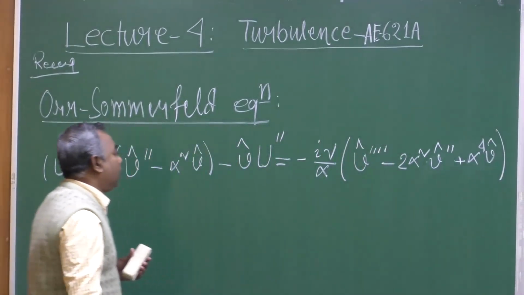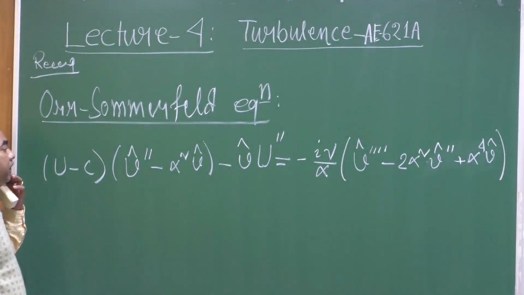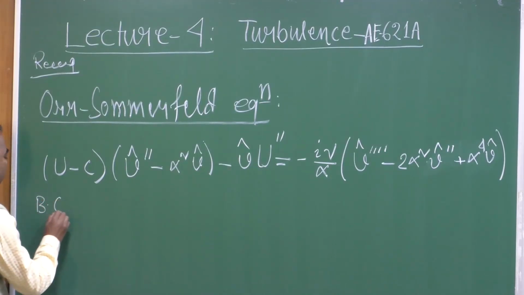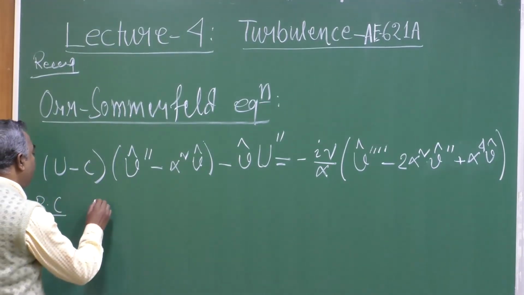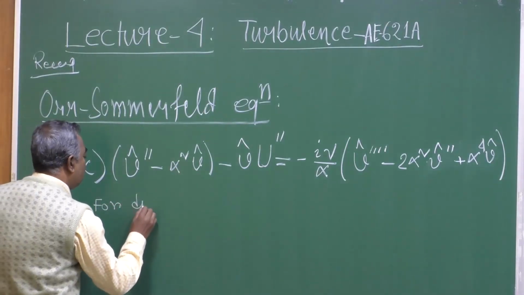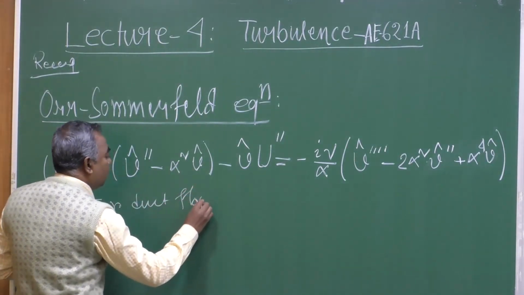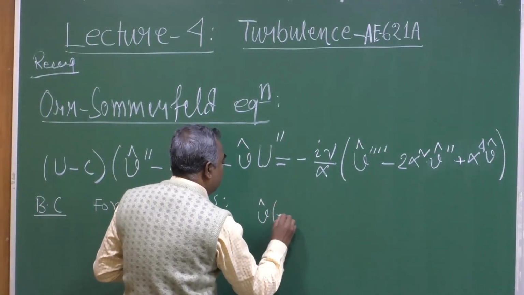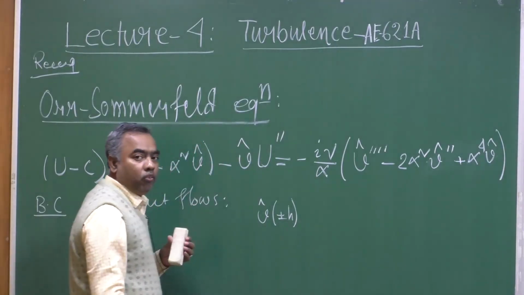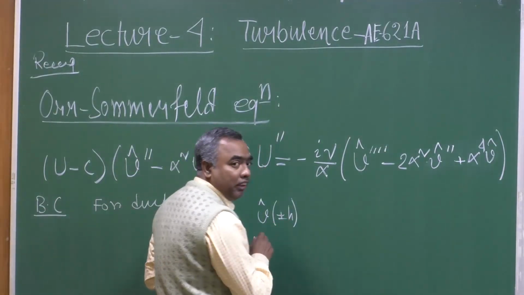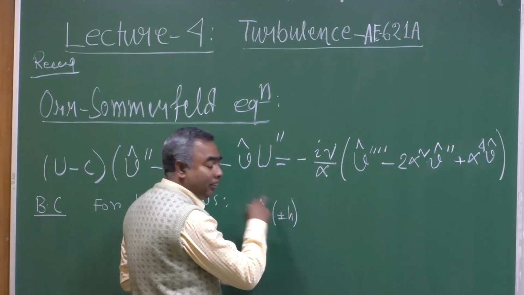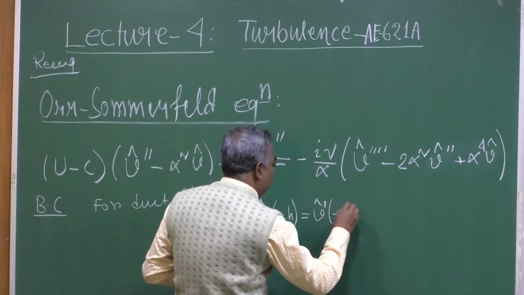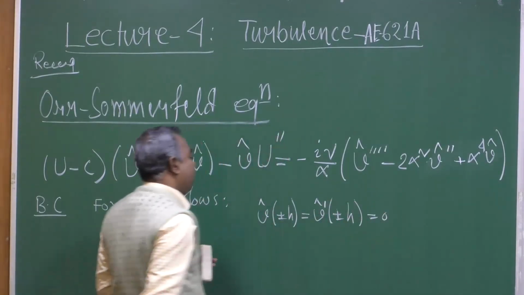So, this is our Orr-Sommerfeld equation, which we could derive in the last class, and the boundary condition for duct flows. We considered that V hat is 0 at the wall of the duct, which is at h distance away from the center line.